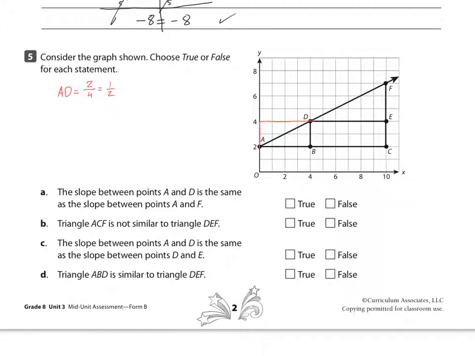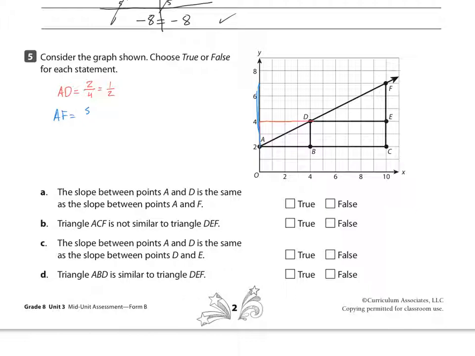And now you need to figure out the slope of A to F. So A to F, you're going to move from A all the way to 7. So we know that for AF, our rise is going to be from 2 to 7.